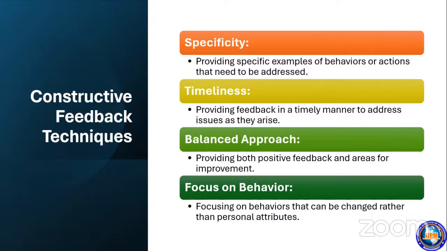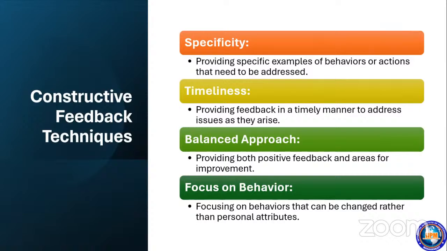There are different feedback techniques, but remember, we want to make sure that it is constructive. And that is why, number one, it has to be specific. Provide specific examples of behaviors or actions that need to be addressed. Number two, provide feedback in a timely manner to address issues as they arise. Number three, you need to provide both positive feedback and areas of improvement.